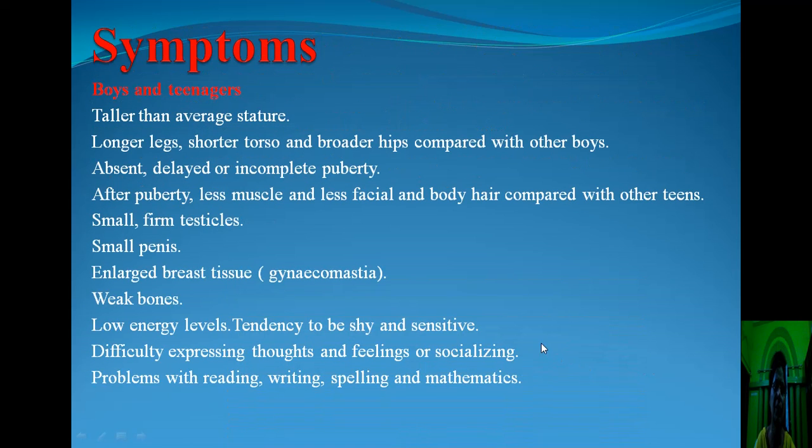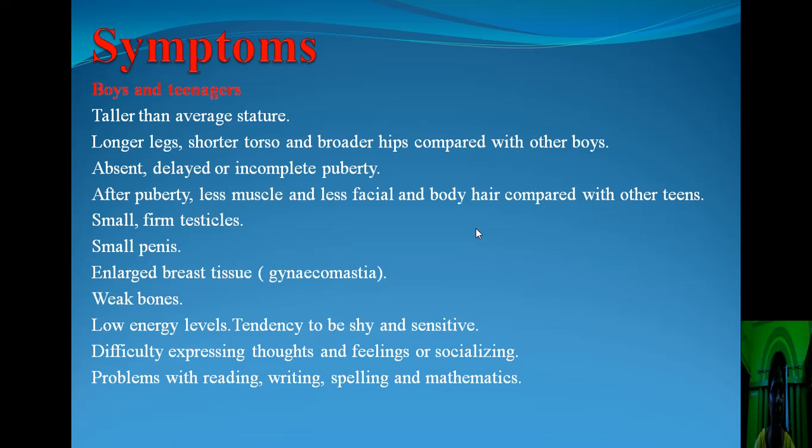Next, the symptoms of Klinefelter syndrome. The symptoms found in boys and teenagers are as follows. First, they are taller than average stature, with longer legs, shorter torso, and broader hips compared with other boys; absent, delayed or incomplete puberty. After puberty, less muscle and less facial and body hair compared with other teens.